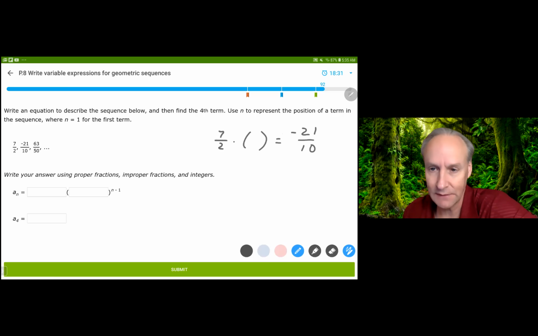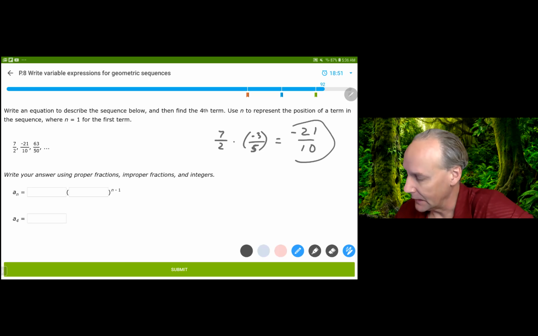And people could get a little confused that way. Well, what did I multiply by? Well, 7 times -3 gives me my -21. That's where I got that. And 2 times 5 gives me my 10. Remember, fractions work when you multiply them just straight across, just like you'd wish addition worked, but it doesn't. Anyway, there it is. Our multiplier is right there.